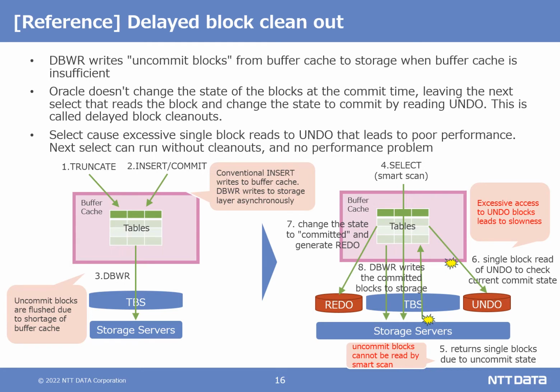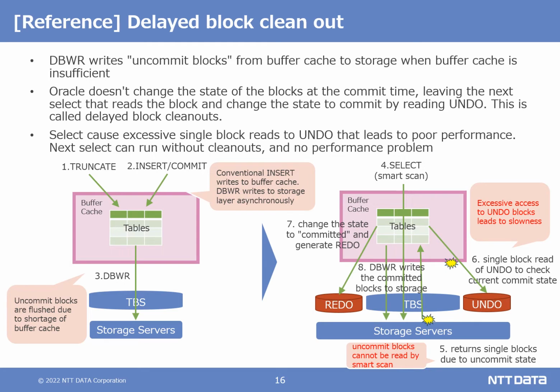Several hours later, a select to the table experiences severe performance degradation because for each uncommitted block, it needs to clean out the block. In that process, excessive single block reads to the undo segment happen. In addition to that, Exadata cannot use smart scan in this situation.